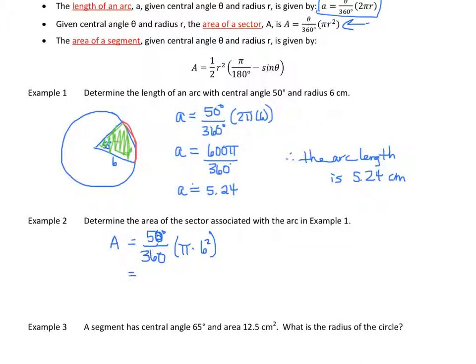So we've got 50 times 6 squared, which is 36, times pi, all over 360. That gives us an area of 15.7 centimeters squared.